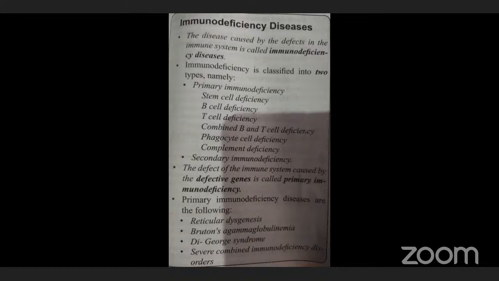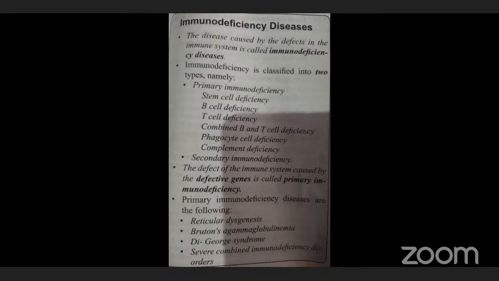Stem cell deficiency, because the defect occurs in the hematopoietic origin. Then B cell deficiency, defects in B cells. T cell deficiency, defects in T cells. Combined B cell and T cell deficiency, phagocytic deficiency, complement deficiency. There, the particular gene is a defective one. Clear?